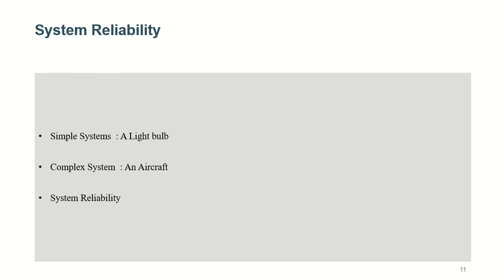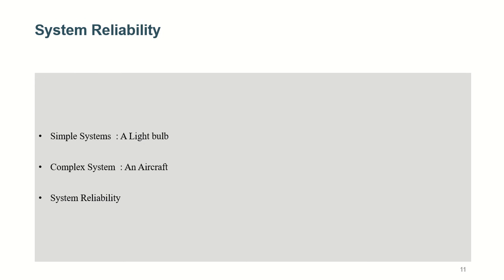Now if I want to consider a complex system which has so many different variables playing different parts in the system, you can consider an aircraft, or even for that matter an engine of an aircraft, right? It contains tens of thousands of mechanical, hydraulic or electrical equipments, right? So many elements it will consist of. And then whether that system is reliable, because each of them can fail, right?